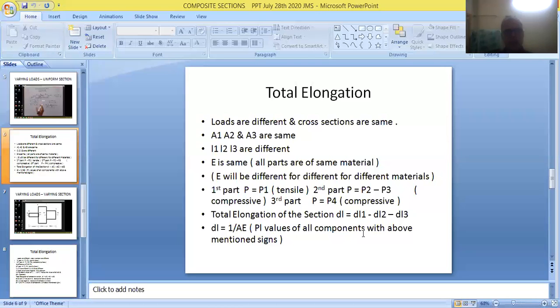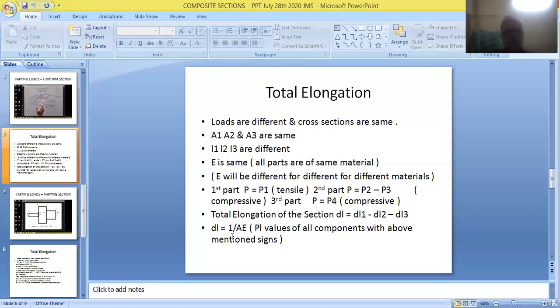And area is constant, it is coming out of the bracket. Young's modulus E is constant, it is coming out of the bracket. But P values are different, they are present inside the bracket. The L values are also different. These values will be coming inside the bracket.